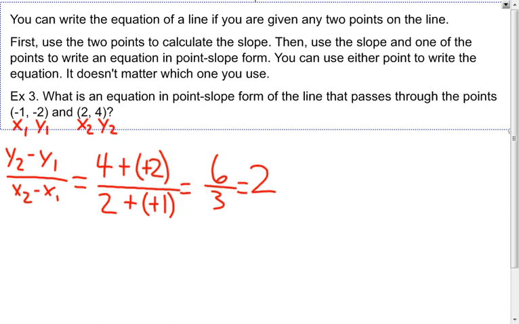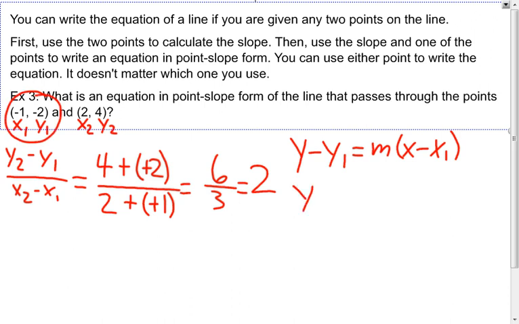Okay. Now, point-slope form. Y minus y1 equals slope times x minus x1. I can plug in either point that I want. Again, you don't have to do one of these, but I'm going to show you both. So I'm going to use the first ordered pair that I had over here. Y minus the y value, which is negative 2.